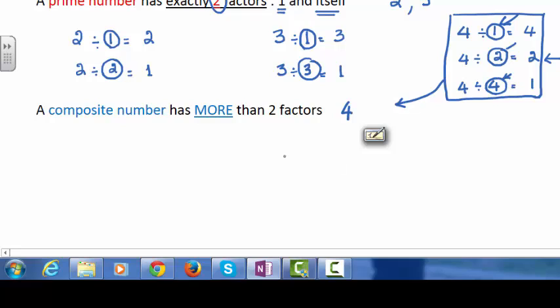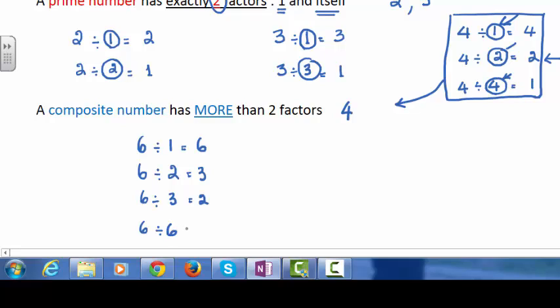Can we find any other composite number? Yes, another one is 6. I can divide 6 by 1 equals 6. I can divide 6 by 2 equals 3. I can divide 6 by 3 equals 2. Can I divide 6 by 4 to get a whole number? No. 5?